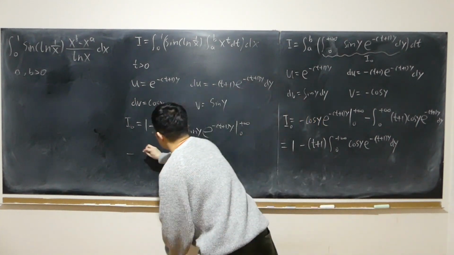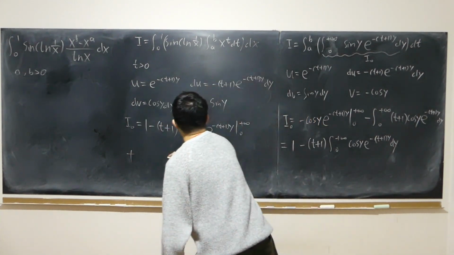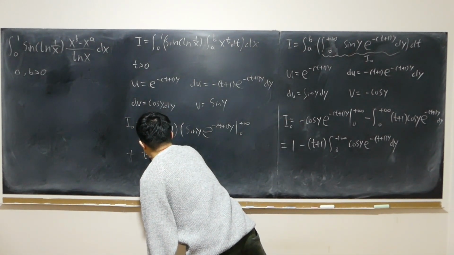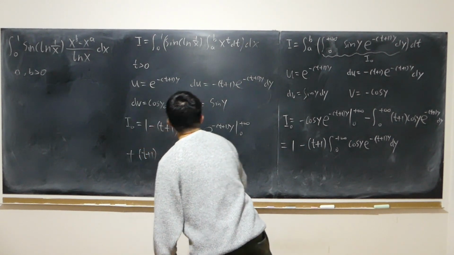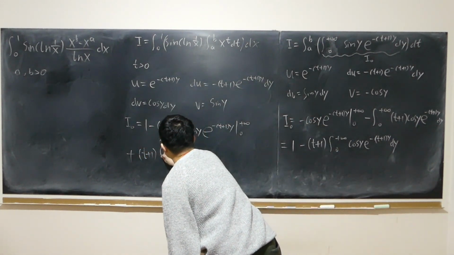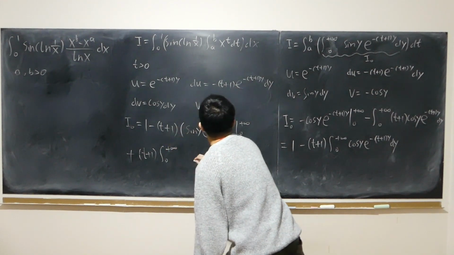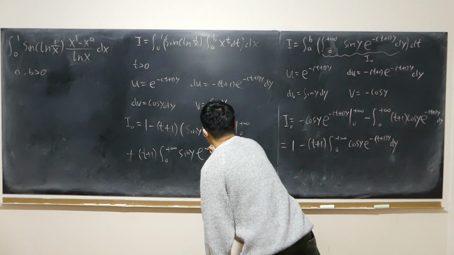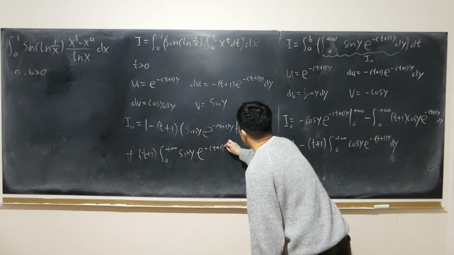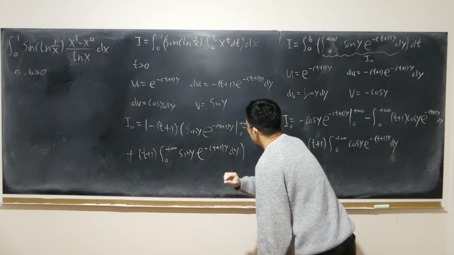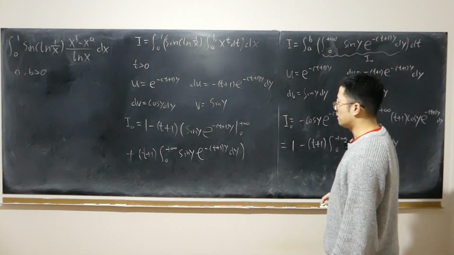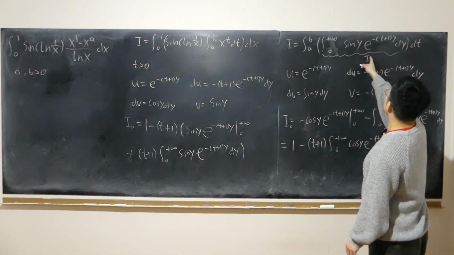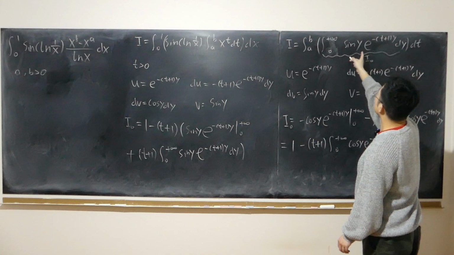Negative becomes plus, t plus 1 taken out, a constant. Then the integral from 0 to positive infinity of sine y e to the negative t plus 1 times y dy, bracket. And this integral is exactly this integral, I naught. Exactly the same.